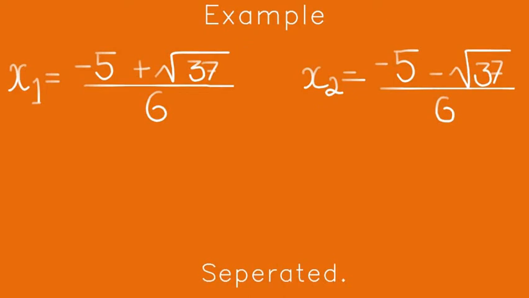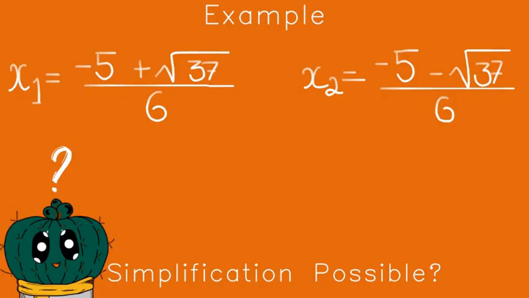Now, what we did is we separated the positive and the negative into two groups. Because we're dealing with a quadratic equation, we're going to get two values of x, in this case x1 and x2. We take the positive side and call it x1, and then x2 is the negative portion over here. Let's see if simplification is possible.